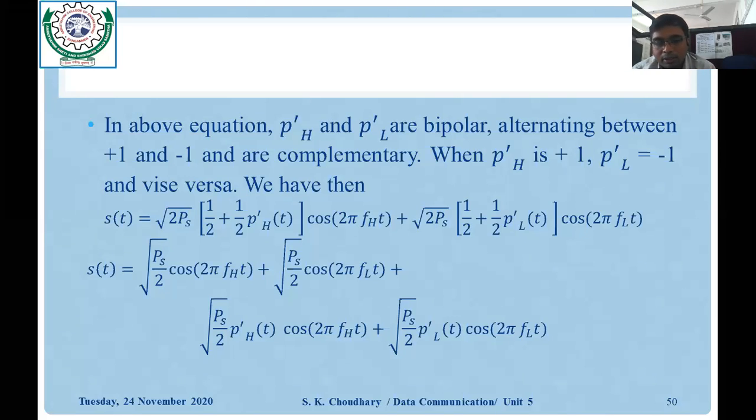The last 2 terms produce spectra similar to that of the BPSK signal, one located about FH, another at FL. So the first 2 terms represent the power spectral density of the BFSK signal, having 2 impulses, and the last 2 terms are similar to the BPSK signal, centered at the frequencies FH and FL.